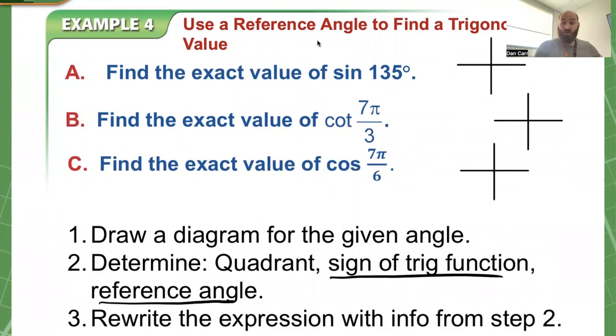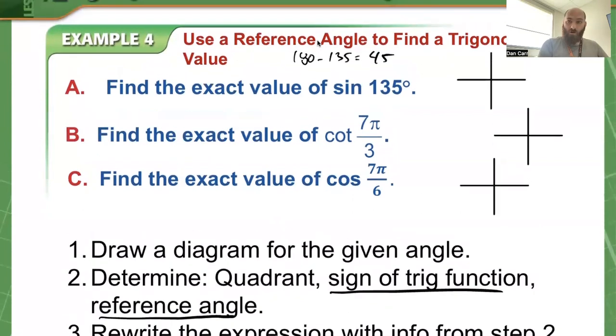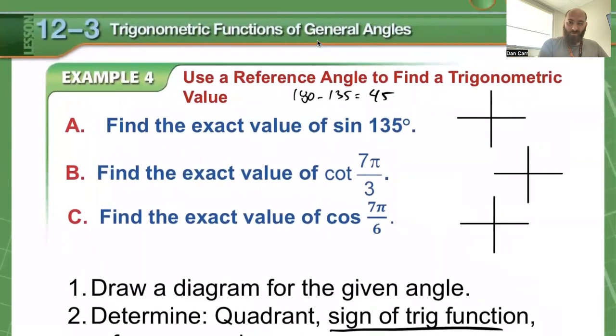So sine of 135 degrees. The key here is I need to draw 135 degrees, so I need to know where it goes. If I do 180 minus 135, that gives me 45. So from 180 degrees, which is right here, it's going to be 45 degrees short of that.